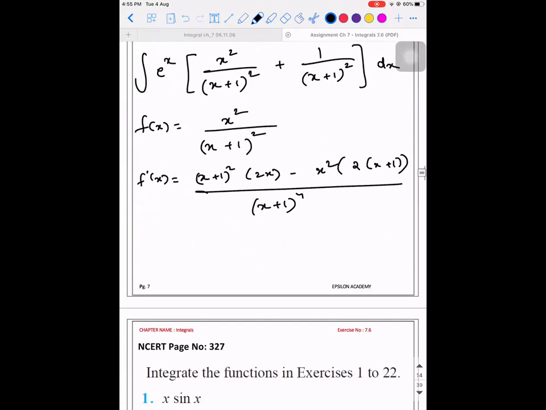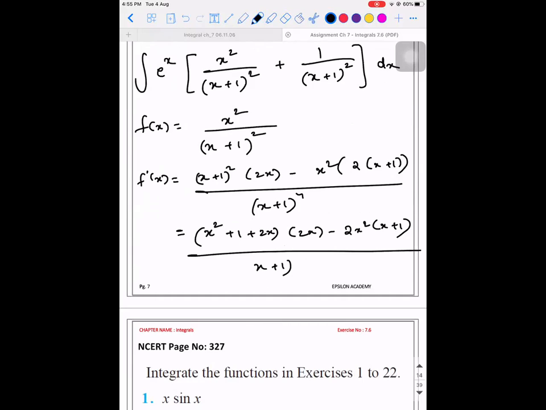Right? So this will be x square plus 1 plus 2x into 2x minus 2x square into x plus 1 the whole divided by x plus 1 the whole power 4. Correct?